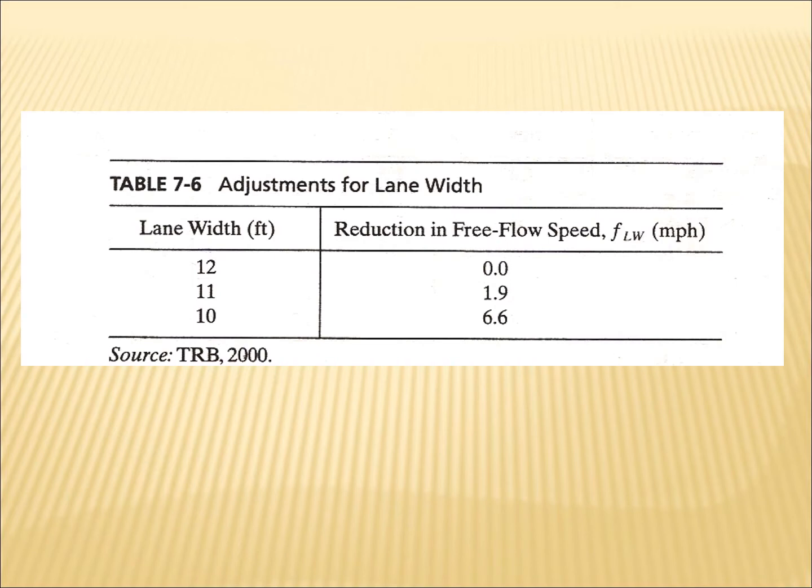Look at Table 7-6, adjustments for lane widths. Corresponding to different lane widths, we have the reduction in free flow speed, that is F sub LW. You can pick the values accordingly.